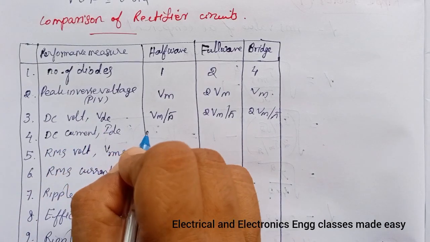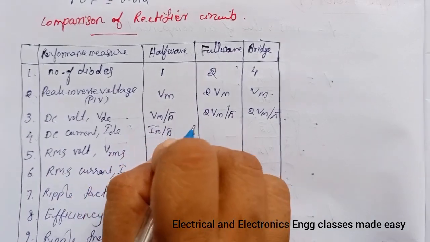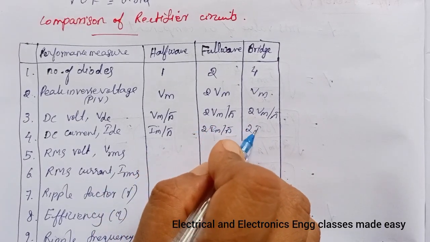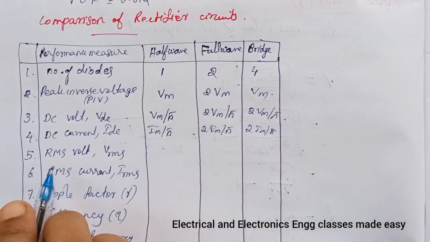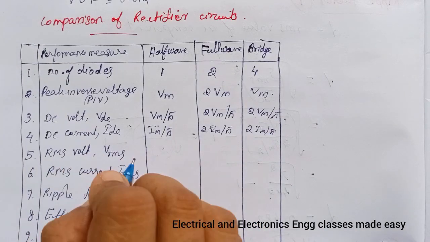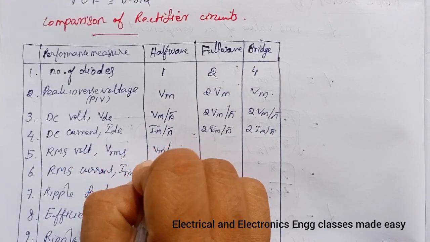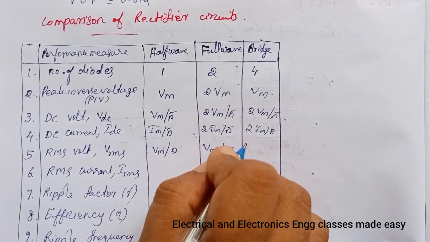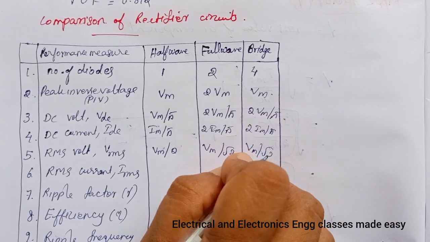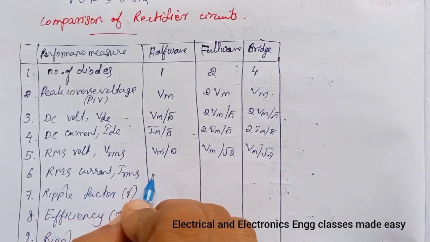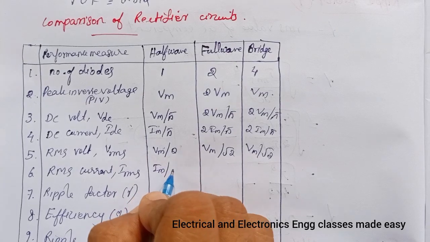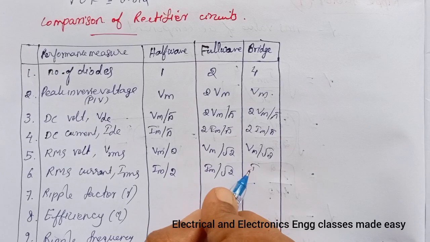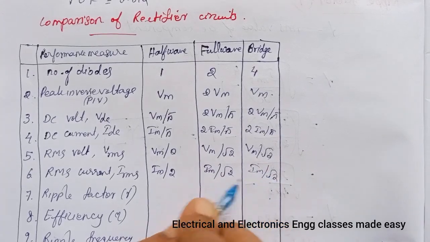And DC current is Im by pi, here 2Im by pi, here also 2Im divided by pi. Then RMS voltage, Vm divided by 2, here Vm divided by root 2, here also Vm divided by root 2. Then RMS current is Im by 2, here Im divided by root 2, here Im divided by root 2.